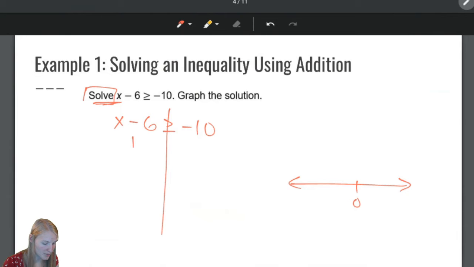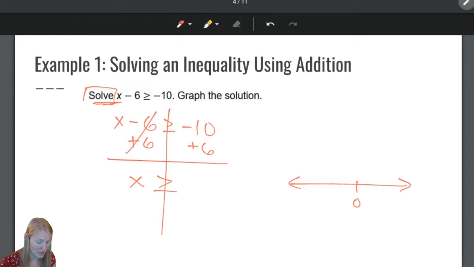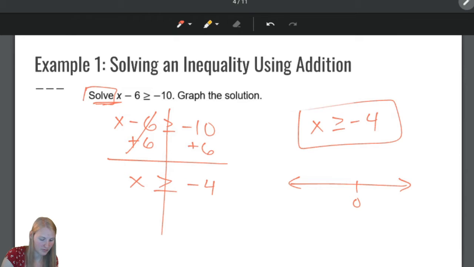So I'm going to do the opposite of minus 6, and I'm going to add 6 to both sides. Now I get x is greater than or equal to negative 10 plus 6, which is negative 4. And there we go. I have solved because x is by itself. I have solved the inequality.